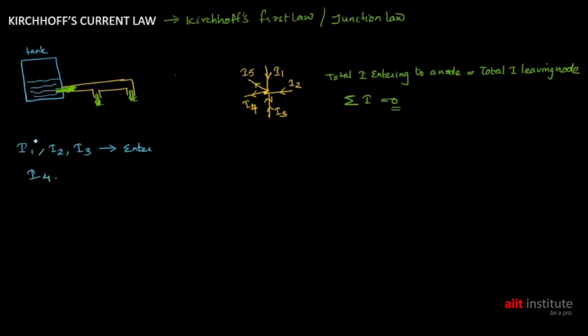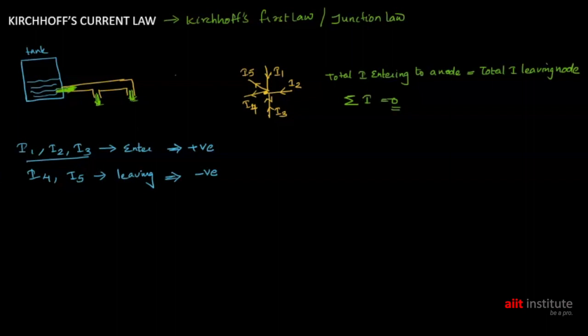Similarly, I4 and I5 are the currents leaving the node. According to the sign convention, whenever a current enters the node, we consider it a positive current. So these three currents will be positive, while the currents leaving the node we consider negative. So I4, I5 will be negative currents.